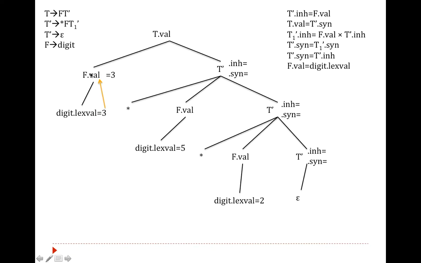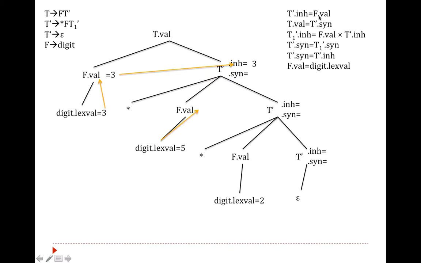So F val becomes 3. Then we compute the inherited attribute, T dash dot inh. T dash dot inh will be computed using the sibling value.